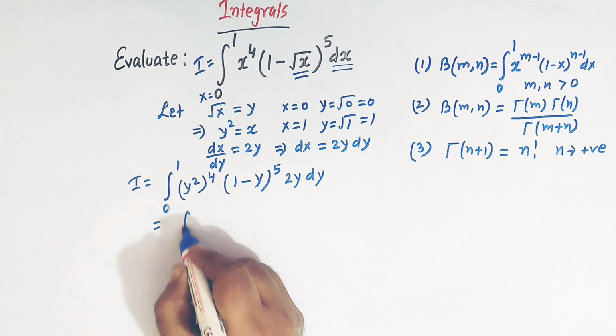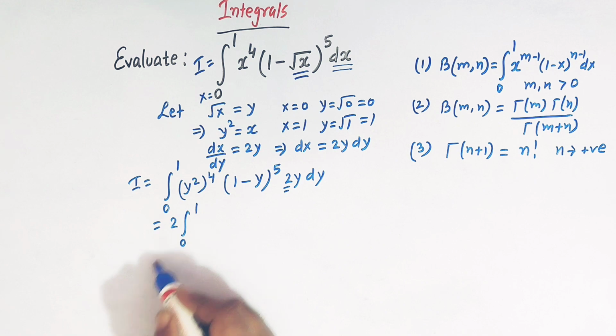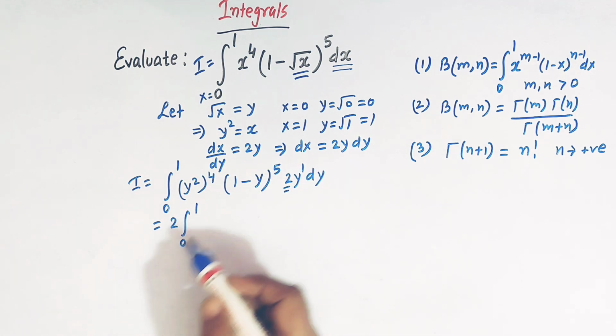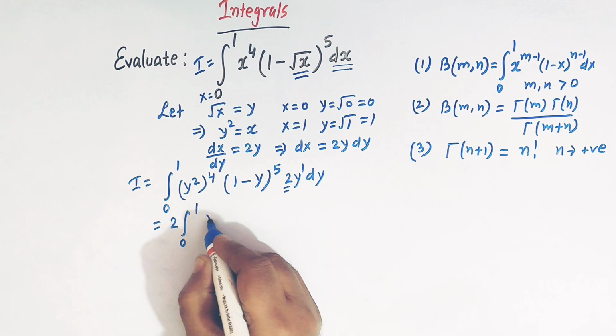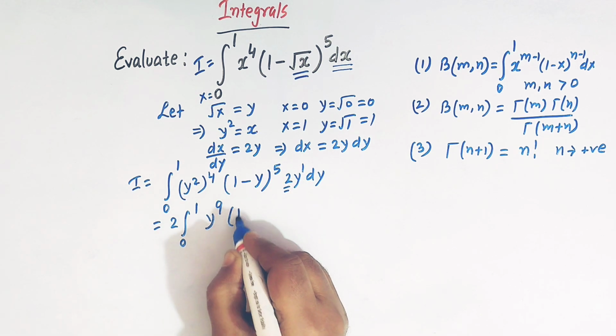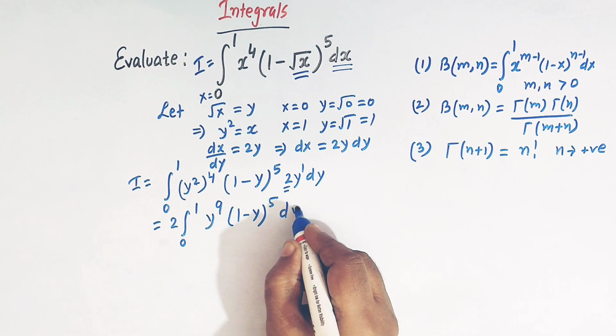This 2 can be taken outside the integral. Here we have 2 4s are 8, 8 plus 1 is 9, so we have y raised to 9, 1 minus y raised to 5.